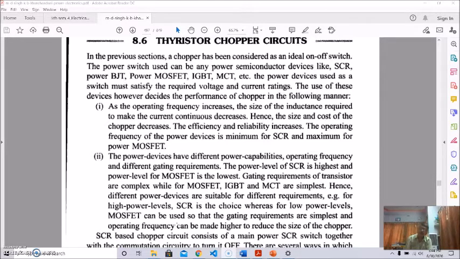So the power devices have defined power capabilities, operating frequency, and different gating requirements. The power level of SCR is highest, and the power level for MOSFET is the lowest. And gating requirements of transistors are complex, while for MOSFET, IGBT, and MCT they are simplest.